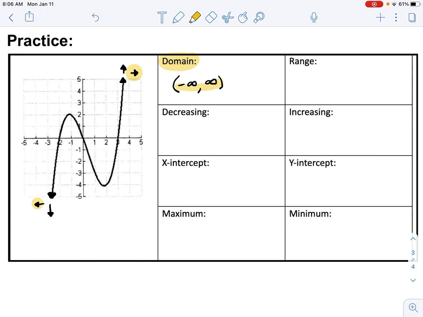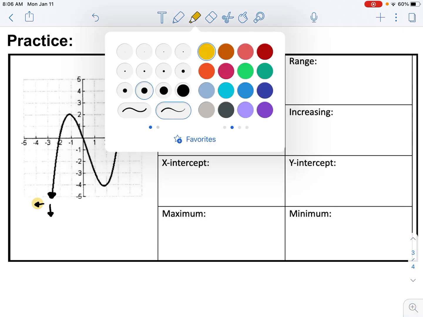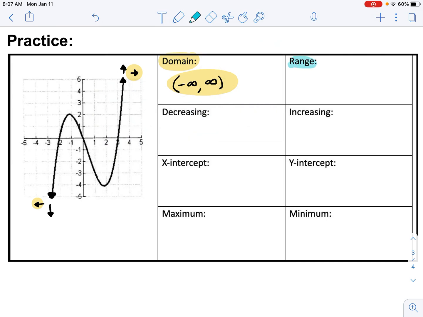Okay. So the range is going to be going up and down forever. So the range would be from negative infinity, my smallest, to positive infinity, my largest.